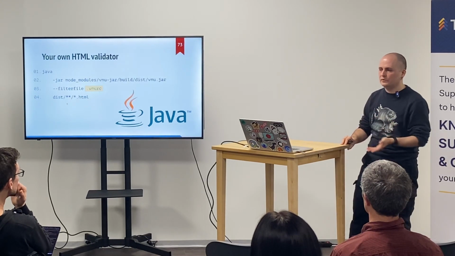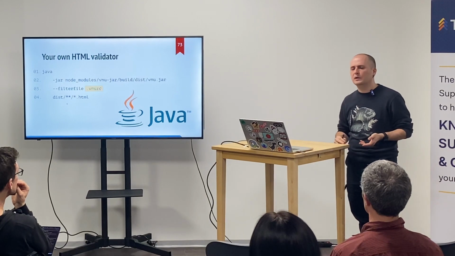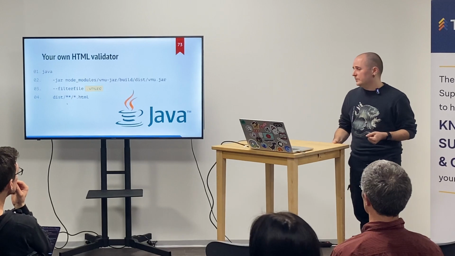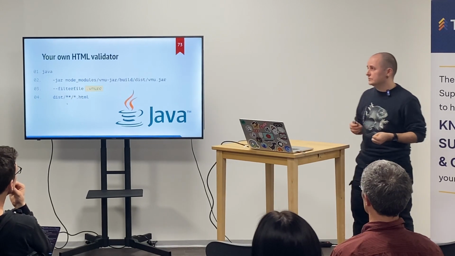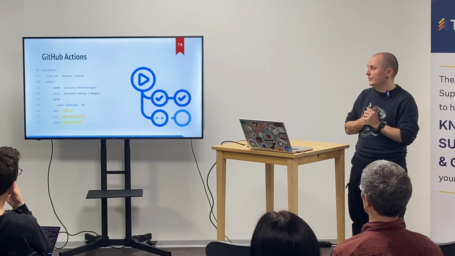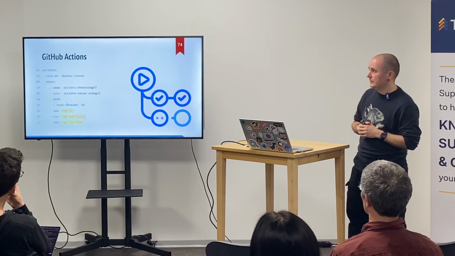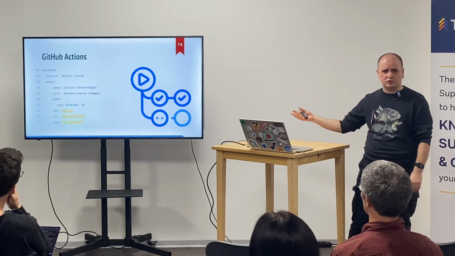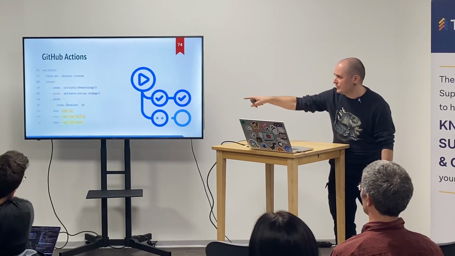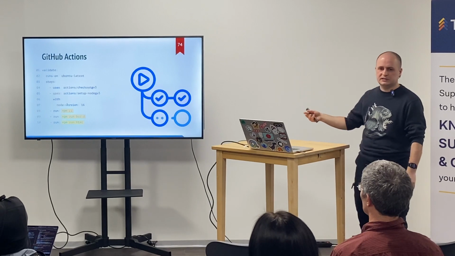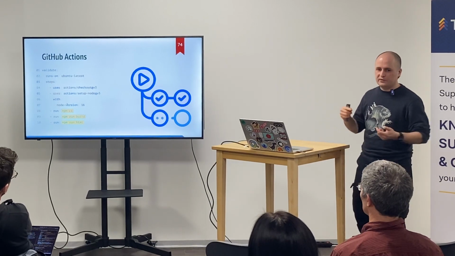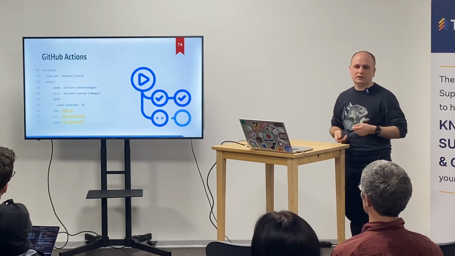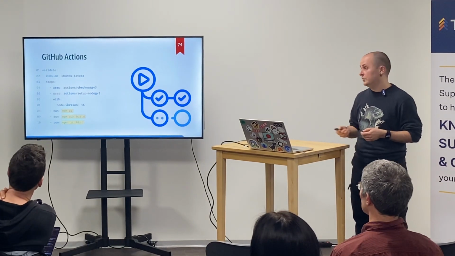MacBooks, or I think even Windows, don't come pre-installed with Java, and it's not the best thing to have on your laptop, in my opinion. So I use GitHub Actions for that. I run a simple GitHub action that's not even mentioning Java, but it works anyway. I'm not sure why. I'm specifying that I'm using Node.js, but not Java, but it still runs. So for every commit, for every pull request, there is a GitHub action running that's checking all the HTML with this validator.